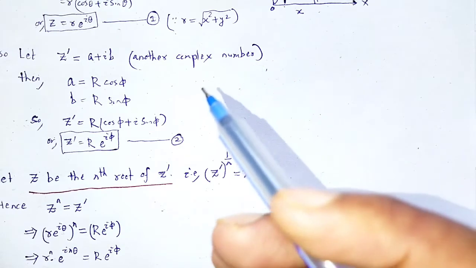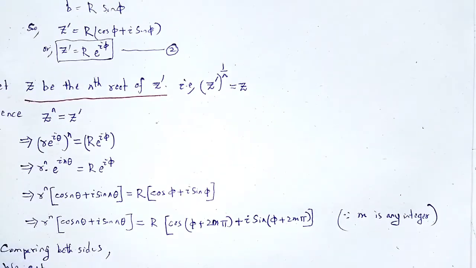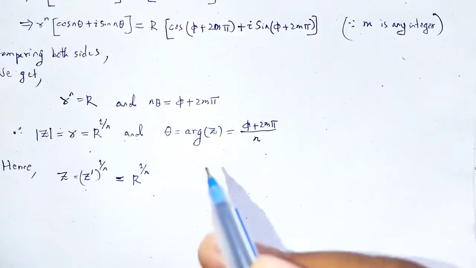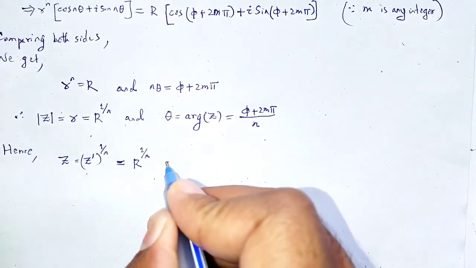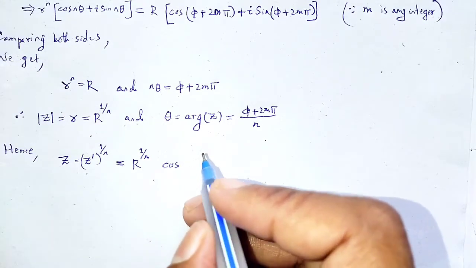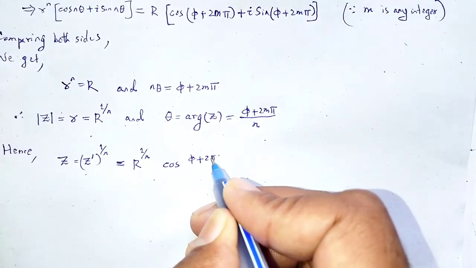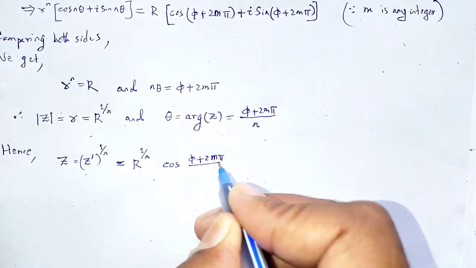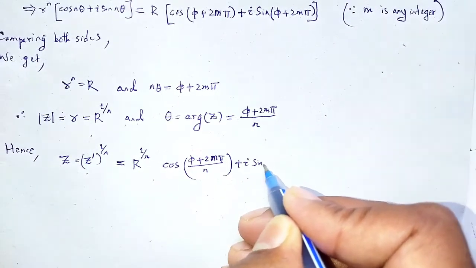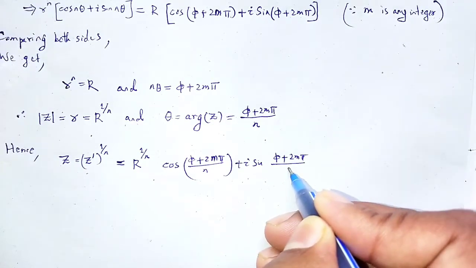The replacement of the theta term gives cos of phi plus 2m pi divided by n, plus i sin of phi plus 2m pi divided by n.